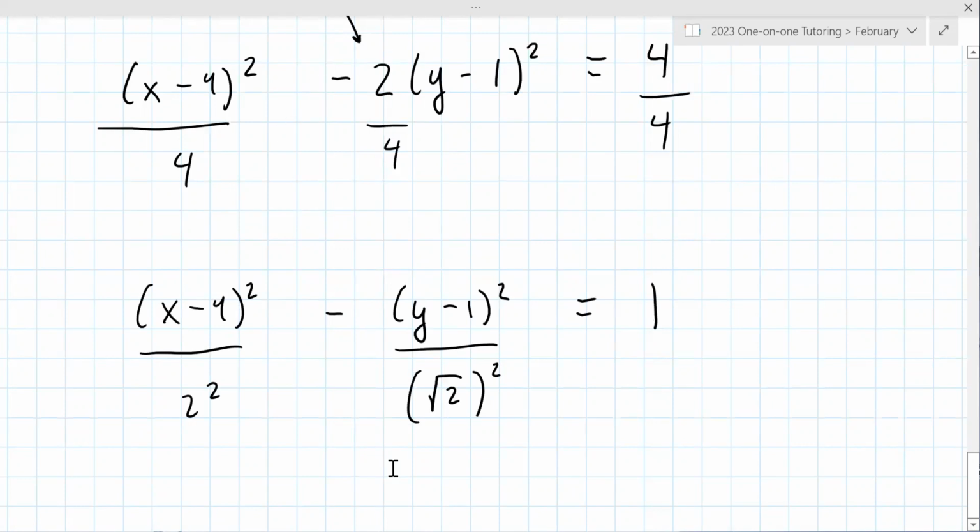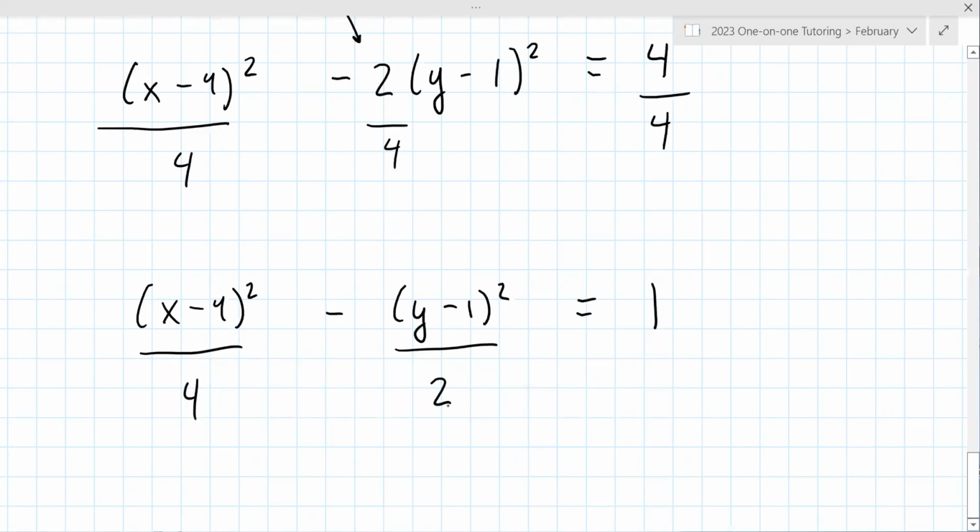So 2 divided by 4 is really 1/2, but you want to show the a and the b so that they're squared. So they have to be squared like that. They can't be like 4 and 4. It would be 4 and 2 actually. Let me show that. It'd be 4 and 2.